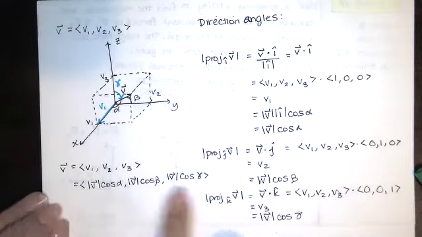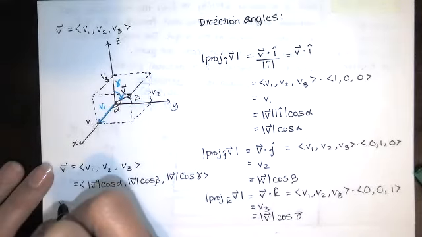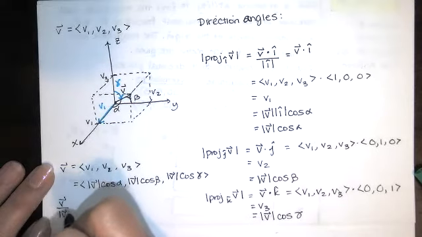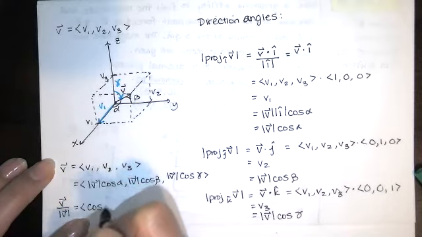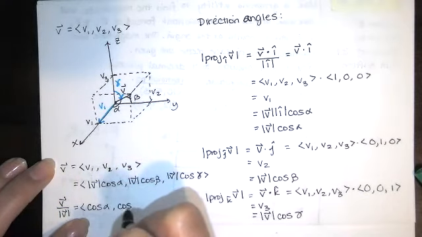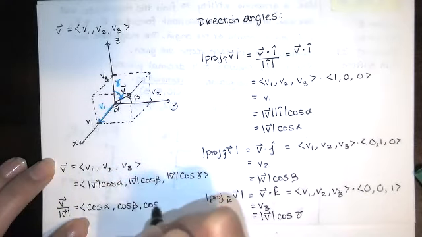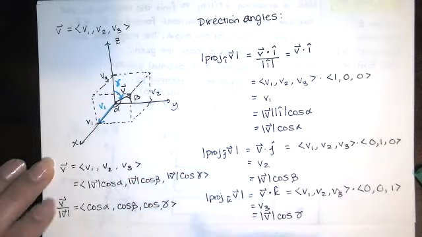And if I take my vector V and divide by its magnitude, so that's giving me the unit vector in the direction of V, I end up with cosine of alpha, cosine of beta, and cosine of gamma.